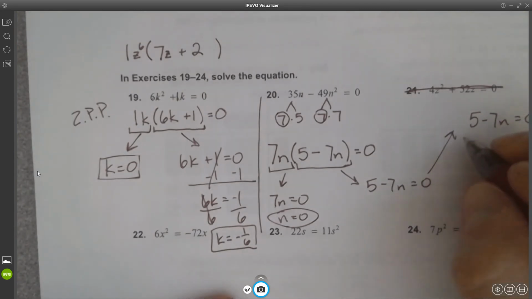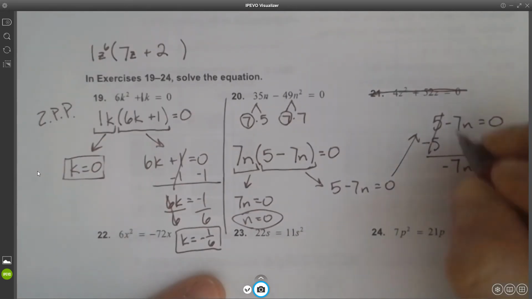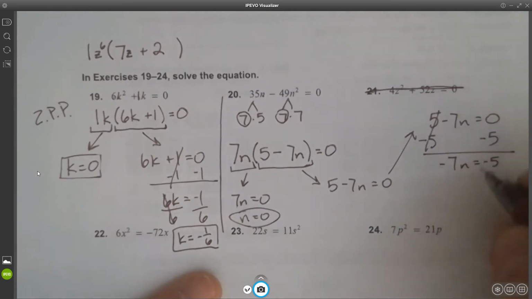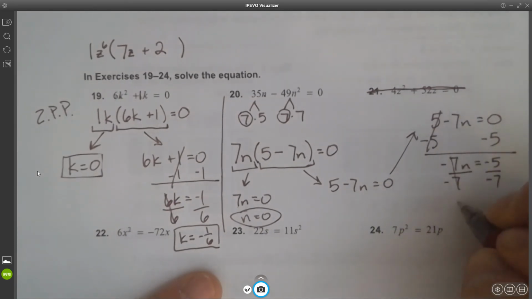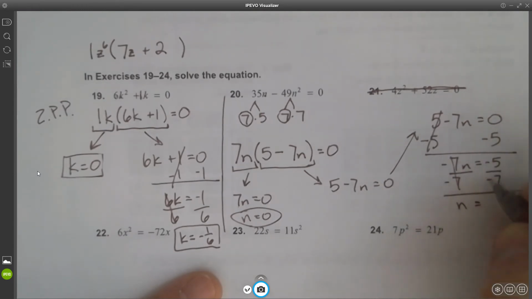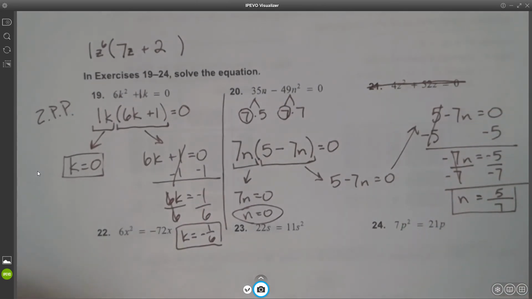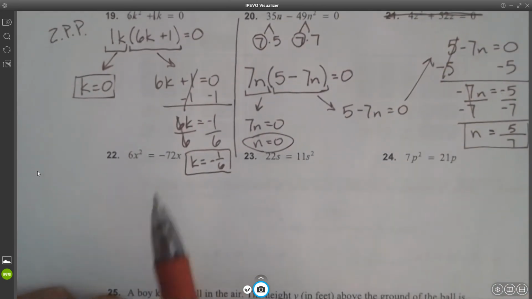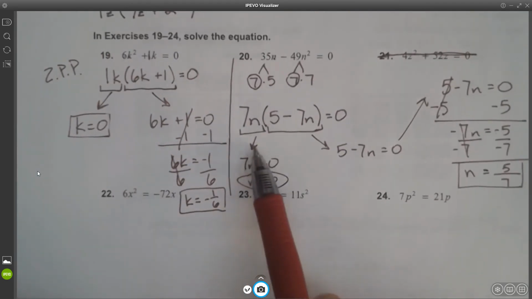And the other one, I would subtract 5 from both sides. Make sure that you bring the negative down with the 7. And then I would divide by negative 7 on both sides to isolate n. Negative divided by negative, so positive 5 over 7. There's my other solution.